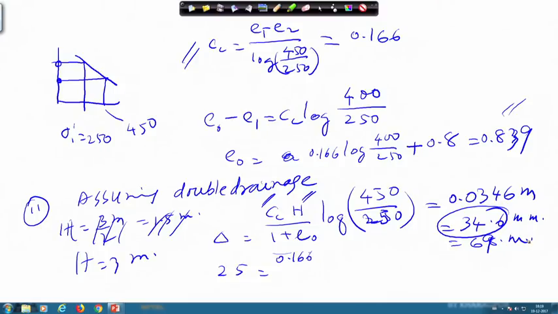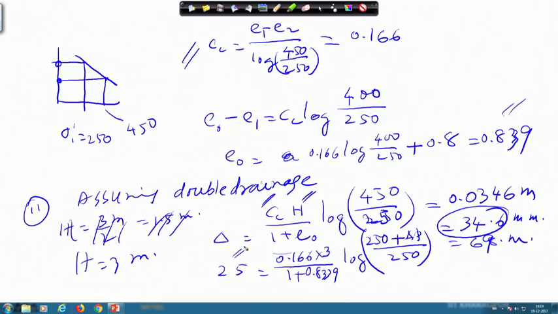So, 0.166 into H equal to 3 meter, divided by 1 plus 0.8339, log, and we do not know delta P. So, the initial pressure is 250 plus delta P, which I have to find out, divided by 250. Because of what pressure will we have this much settlement.